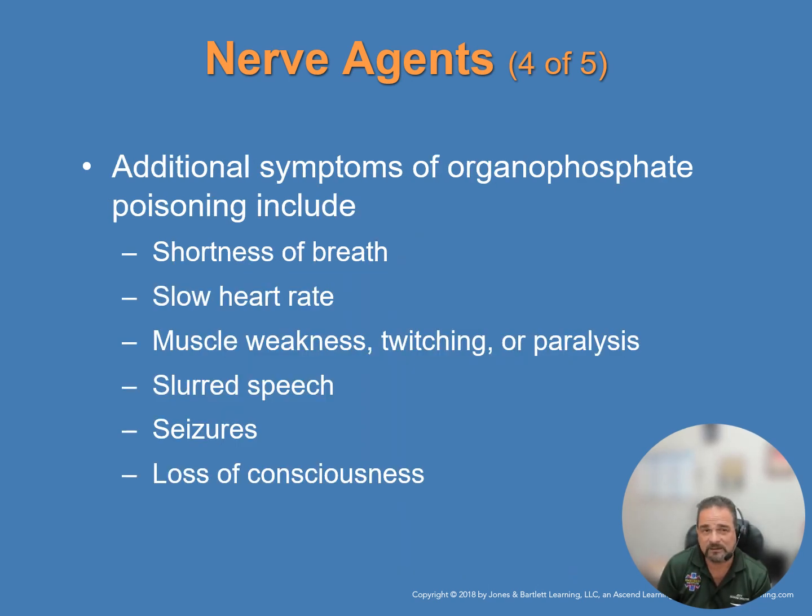Additional symptoms of organophosphate include shortness of breath, slow heart rates, muscle weakness, twitching or paralysis, slurred speech, seizures, and loss of consciousness. There's not a whole lot of this out there anymore, because we used to use organophosphates in yard sprays and those kind of things, and it was prominent in many of the bug sprays that you could buy at your local hardware store.